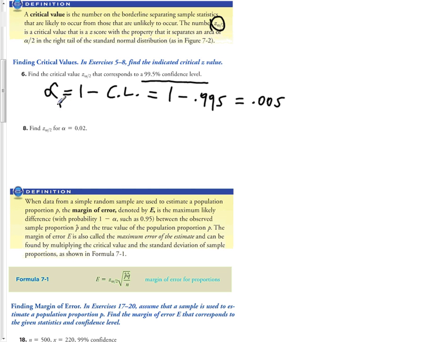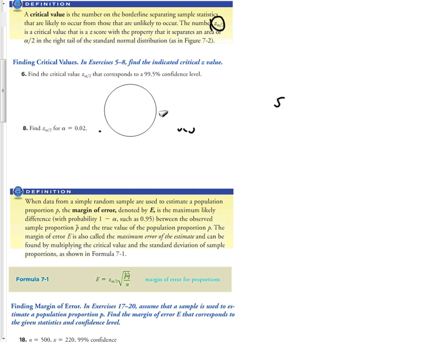So alpha over 2 in this case is going to be 0.005 over 2, or 0.0025. So that's the information I need in order to find that critical z value.